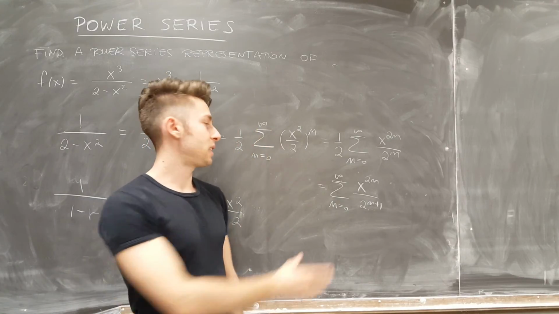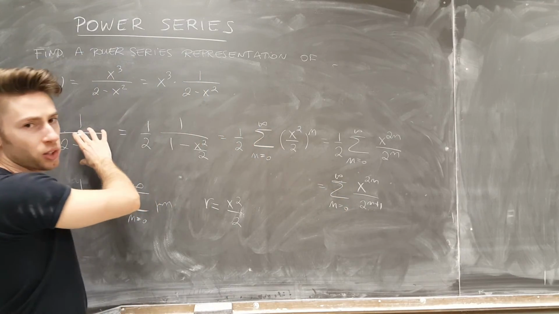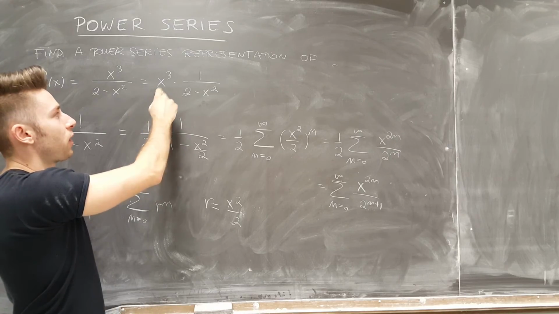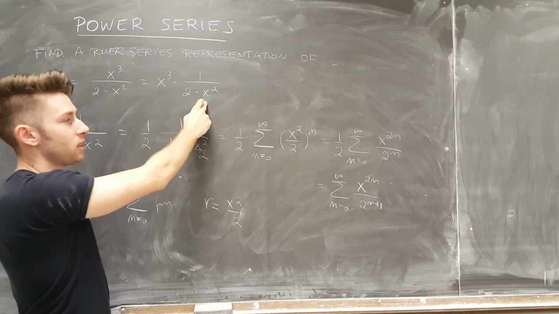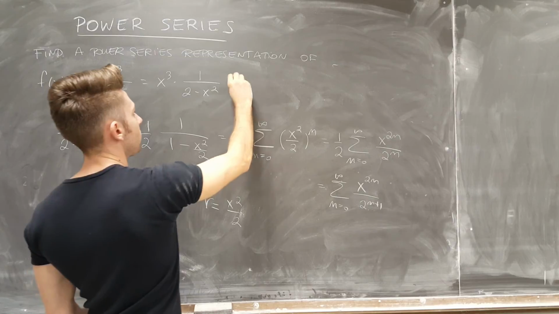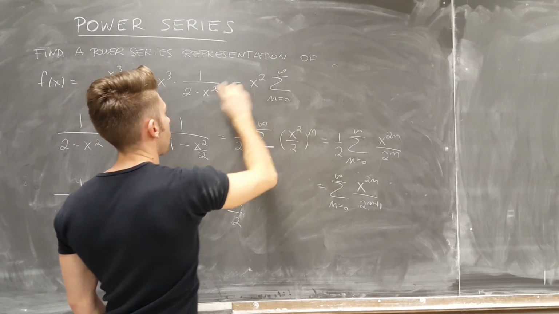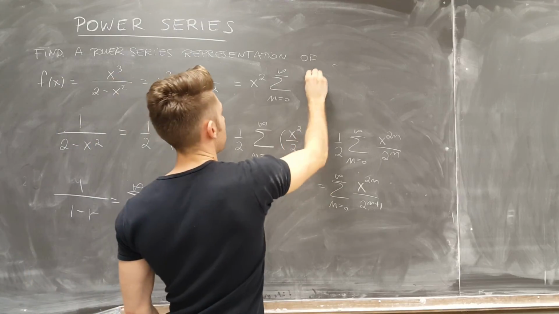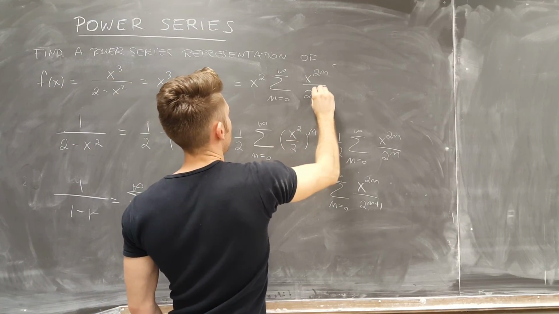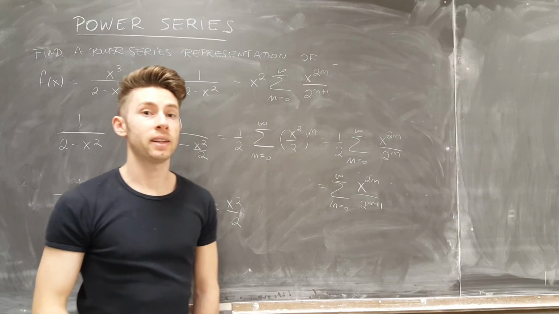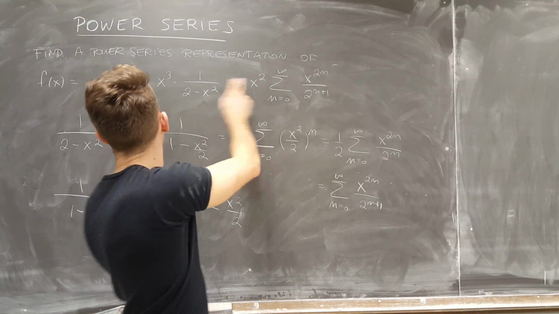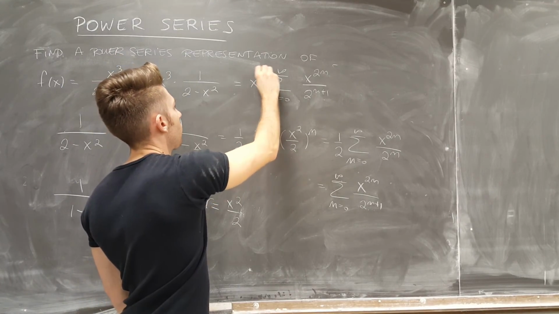Okay, so that's my series representation for this function. Now remember, our original function is x cubed times this. So I can replace this by the power series that I found. And then finally bring, this was x cubed.